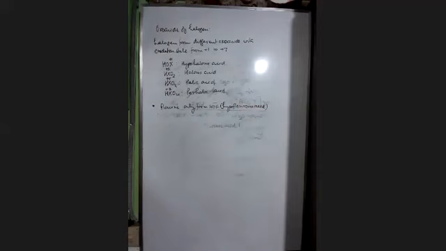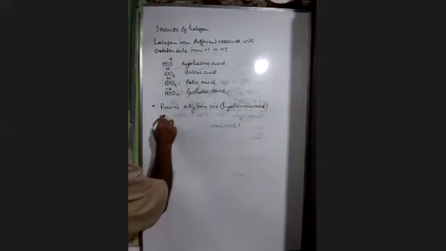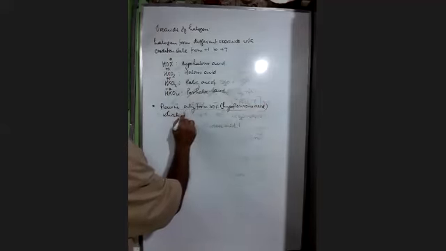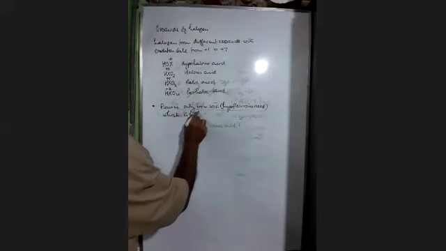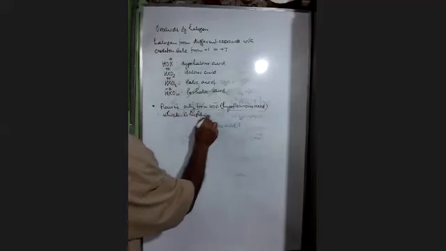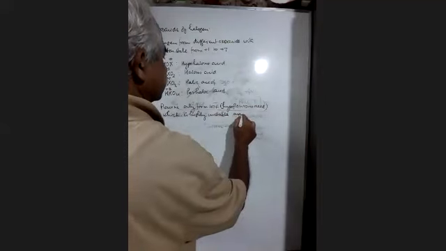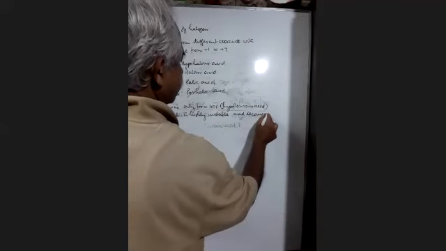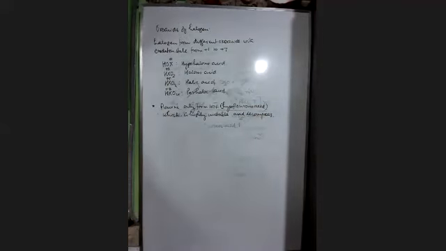Fluorine only forms hypofluorous acid, which is highly unstable and decomposes. So please remember, this is the only oxyacid formed by fluorine. This is for your entrance exam.